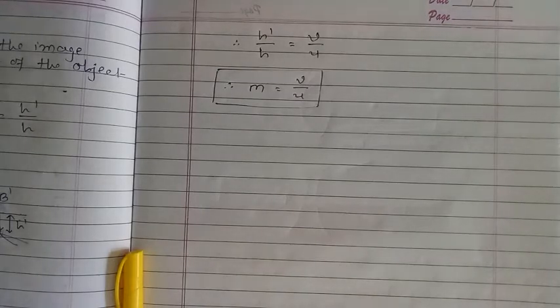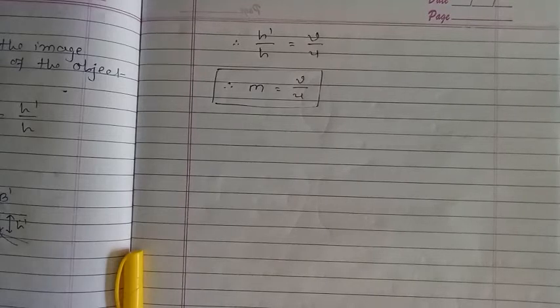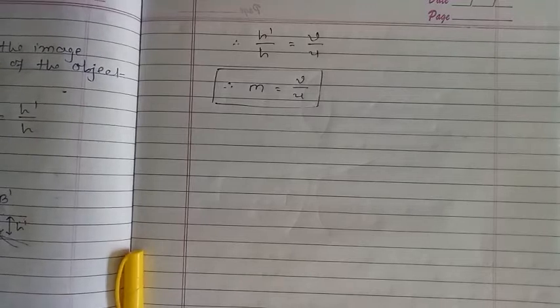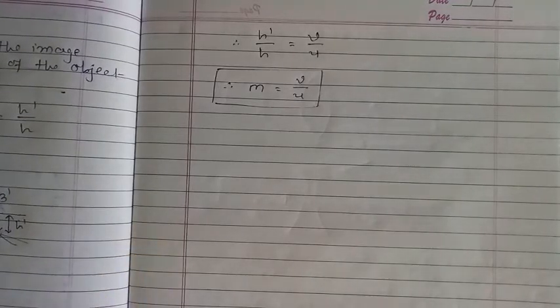And you have to remember that magnification is negative for a real image and positive for a virtual image. I repeat, magnification is negative for real image and positive for virtual image, right? So this is about the magnification by lens.